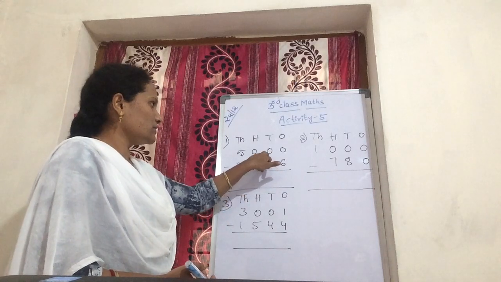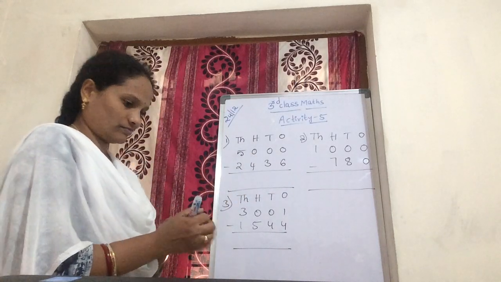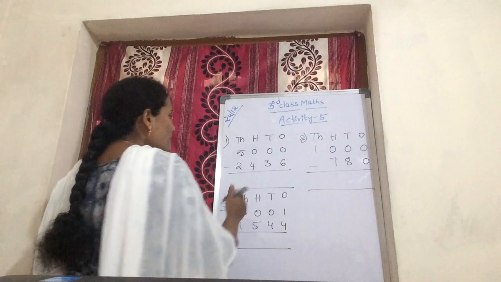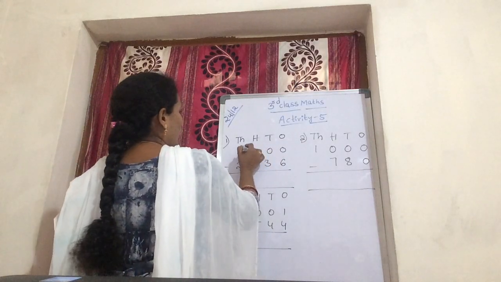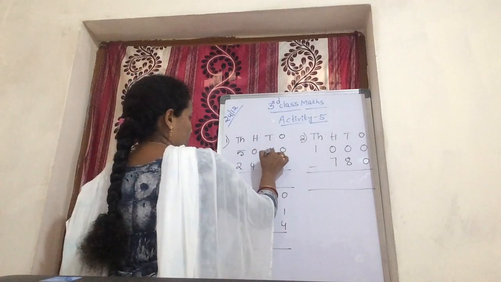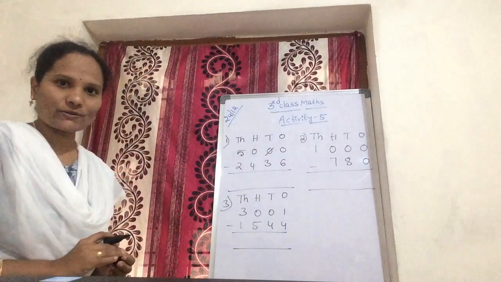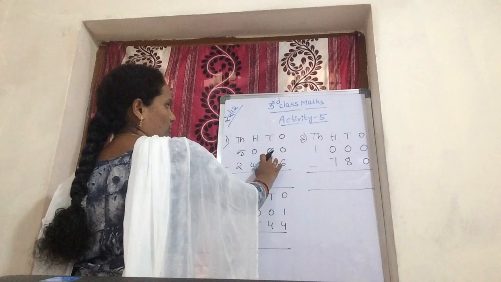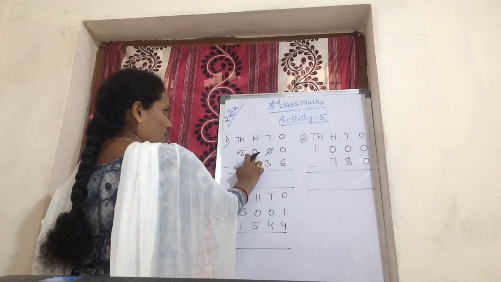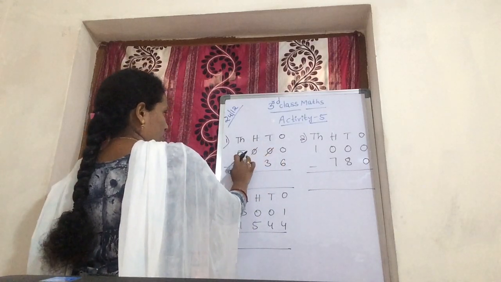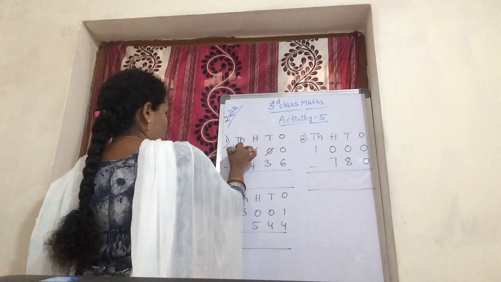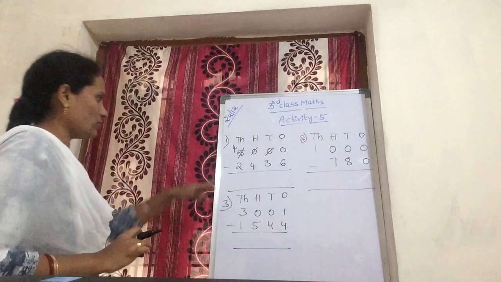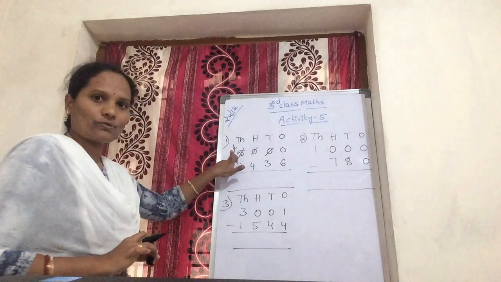So here, after borrowing, this 0. Here any number is there? No. You are taking here. This is also 0 and here this is the borrowing place. Now after borrowing, this 5 is the 4.